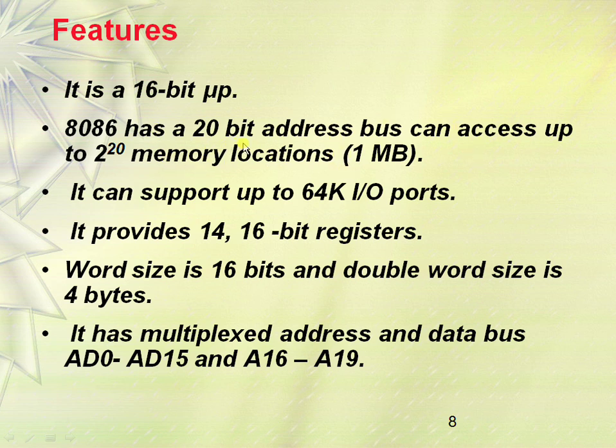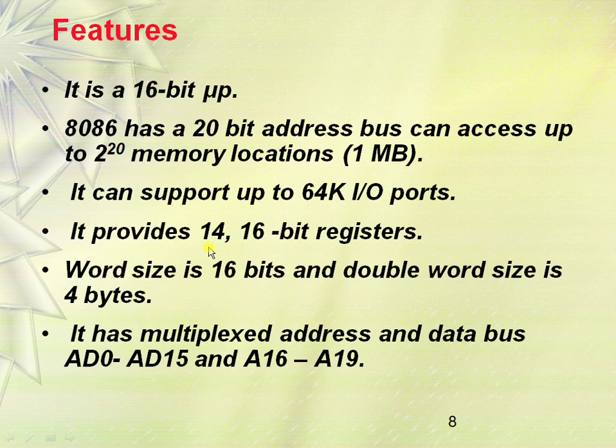As it has 20 address lines, it can access up to 1 MB of memory, so this 1 MB of memory can be interfaced to this 8086 processor. 2 power 20 is nothing but 1 MB. Now it can support up to 64K input output ports. We'll discuss this particular feature when we come across 8255.